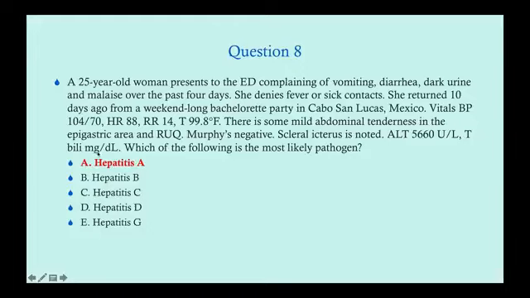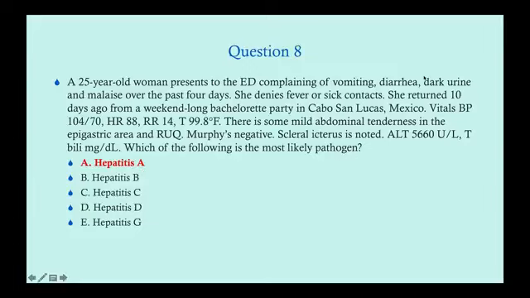And hepatitis A is often transmitted foodborne, fecal-oral contact, and it's also highly associated with travel to endemic areas, which includes Mexico and a lot of developing countries. So this fits really well with hepatitis A. Hepatitis A also gives you GI symptoms, including the diarrhea and vomiting.